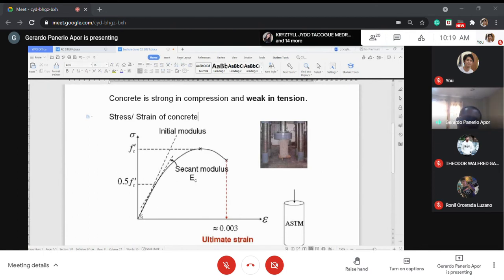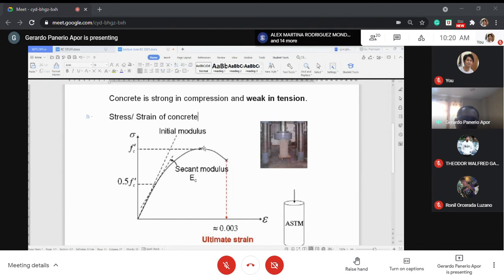So this is it. The stress is vertical, the strain is horizontal. Stress is defined as force per unit area. Strain is defined as elongation per unit length. So as the stress is being applied, there is what we call the straight line. Now the straight line is the basis for the initial modulus, and then it will give you a curve. Then it reaches up to its ultimate.